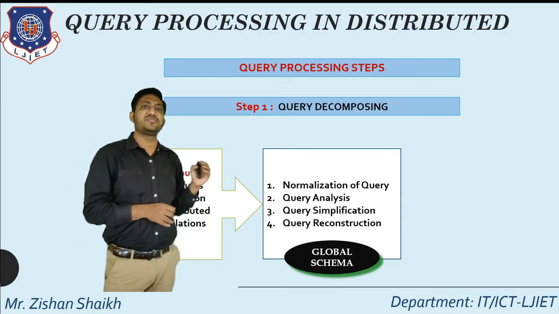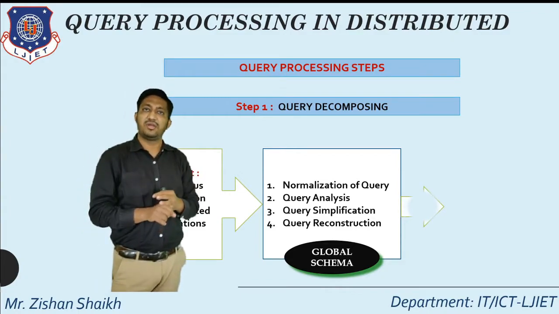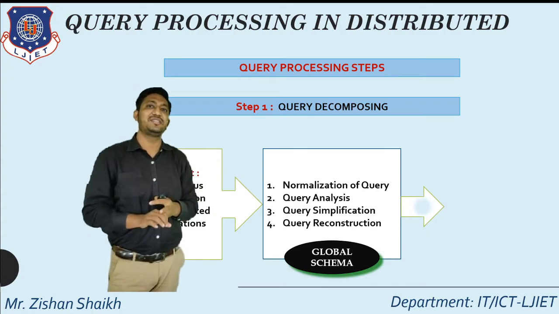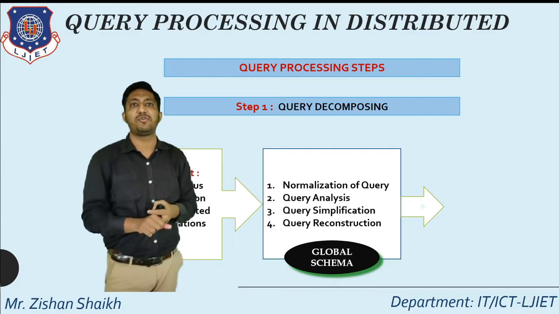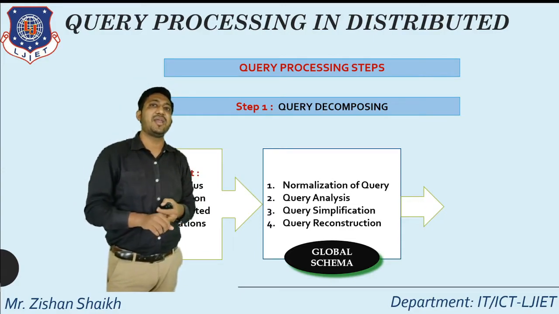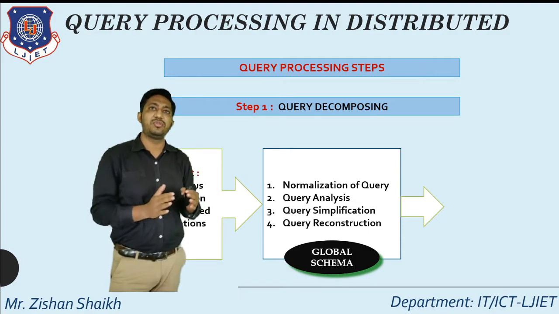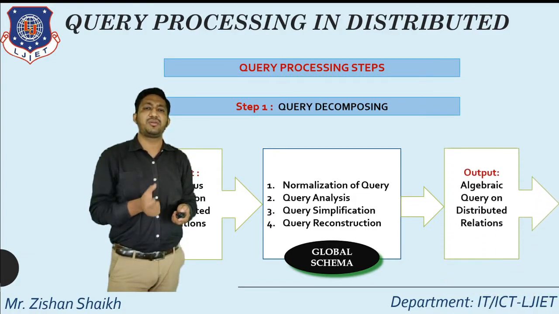Using these four steps, the user query is verified first, to check whether the query written by the user is correct and the syntax is correct. If the syntax is wrong, then the query is rejected at step number 1. But if the query is correct, then it is simplified into small parts, and those parts are reconstructed according to the relational algebraic query.